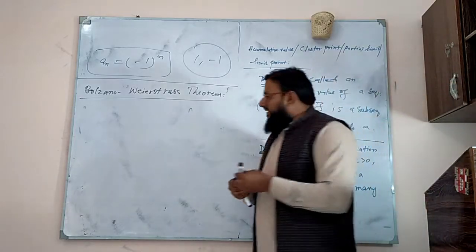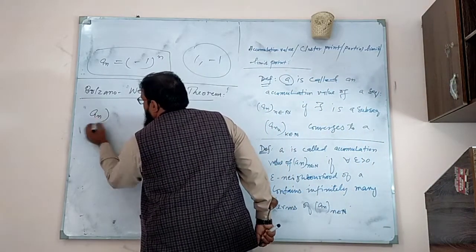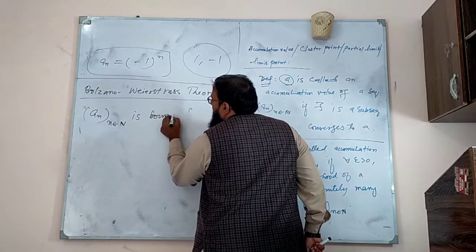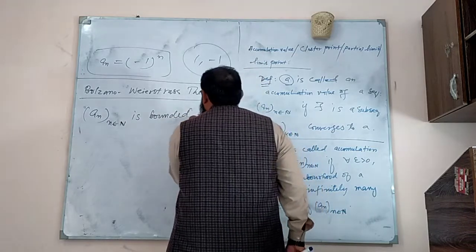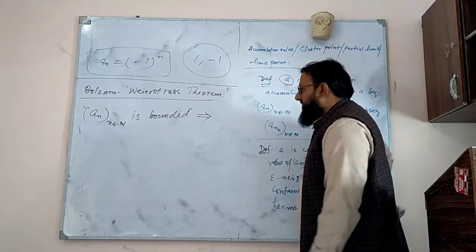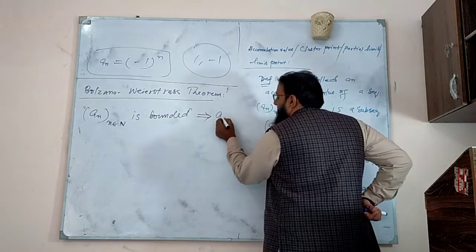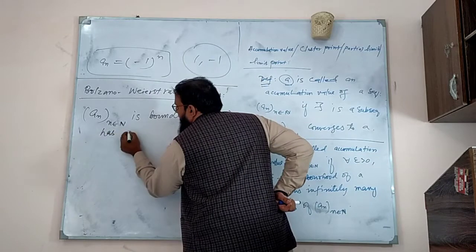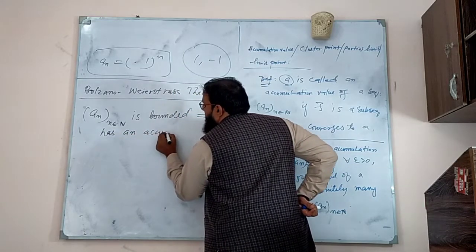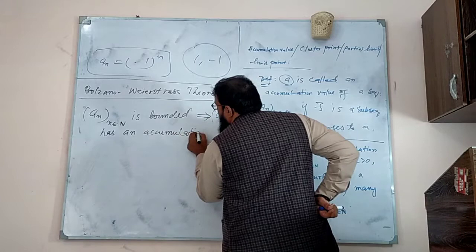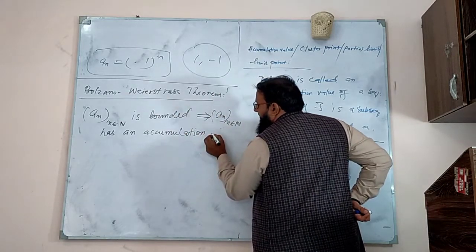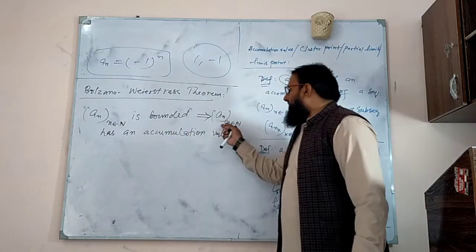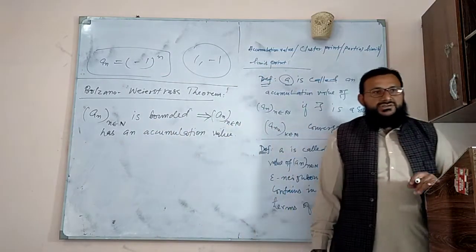So the theorem is: if you have a bounded sequence, and you know very well what we mean by a bounded sequence, with a lower bound and an upper bound, it implies that it has an accumulation value. So this is the statement of the Bolzano-Weierstrass theorem. Give me a bounded sequence, then I will always give you an accumulation value of that bounded sequence.